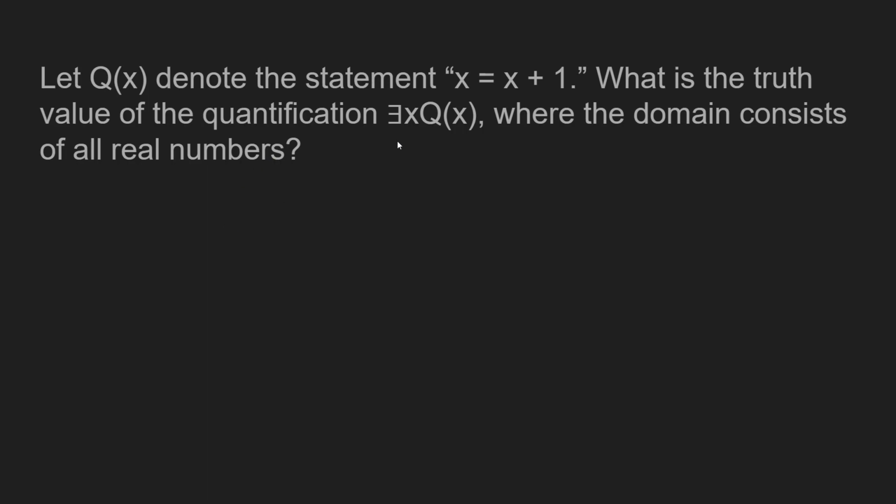So you name it, you set some value. Is it possible for x to equal x plus 1? I don't think so. So there exists no such x. That is why the existential quantification for q of x is false.